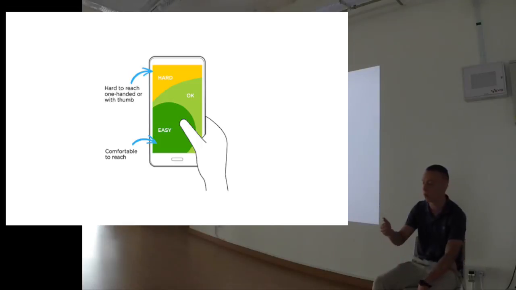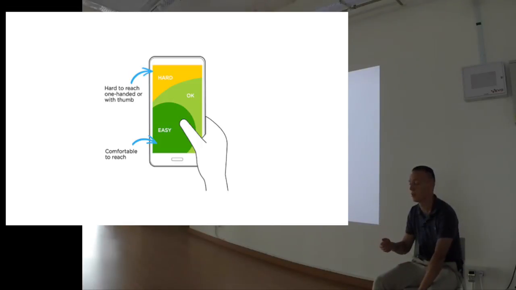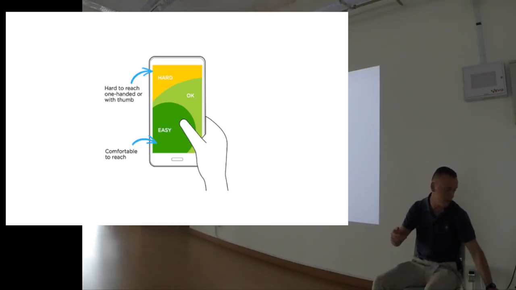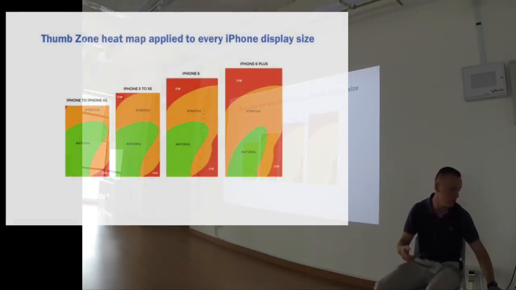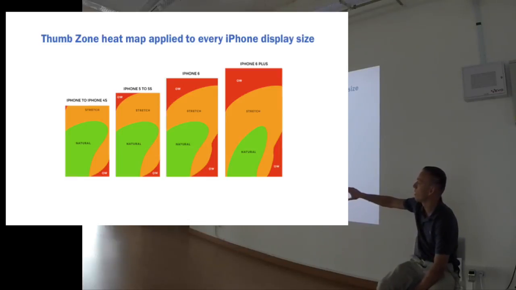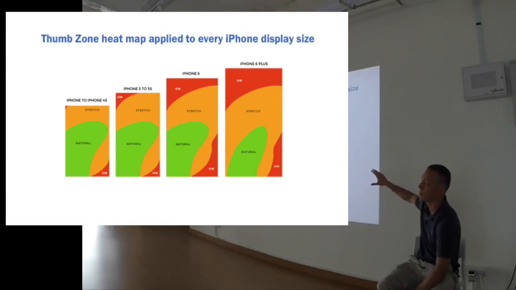You probably noticed when you're using your smartphone, especially the latest ones, that it becomes bigger and bigger, and it becomes pretty tough to find the best position for your finger, and sometimes you have to stretch your finger. You can see how it came from the old iPhone, like iPhone 4, to the newest, which is iPhone 6 or iPhone 6 Plus or 7.